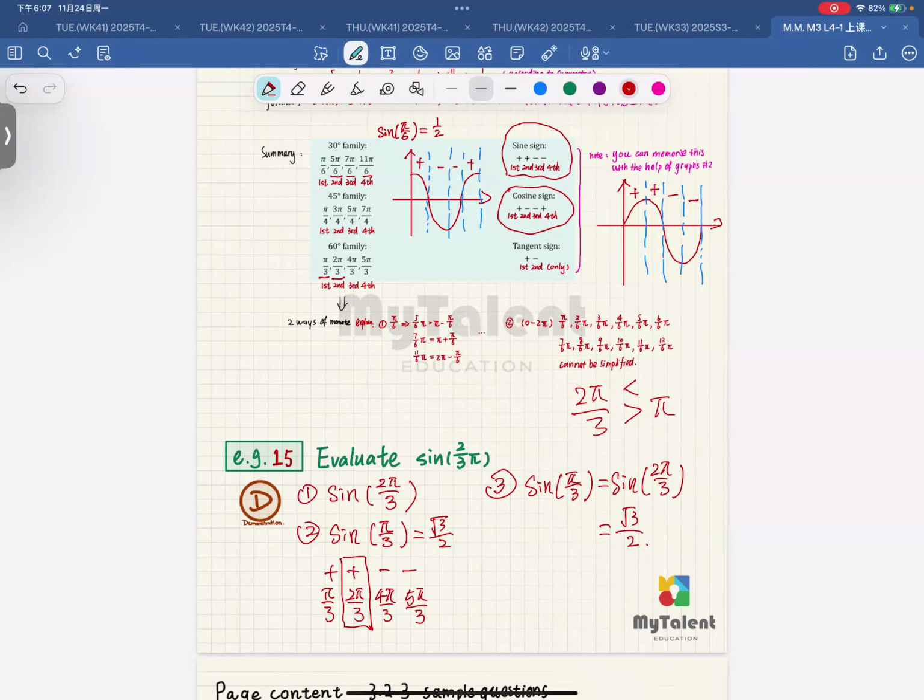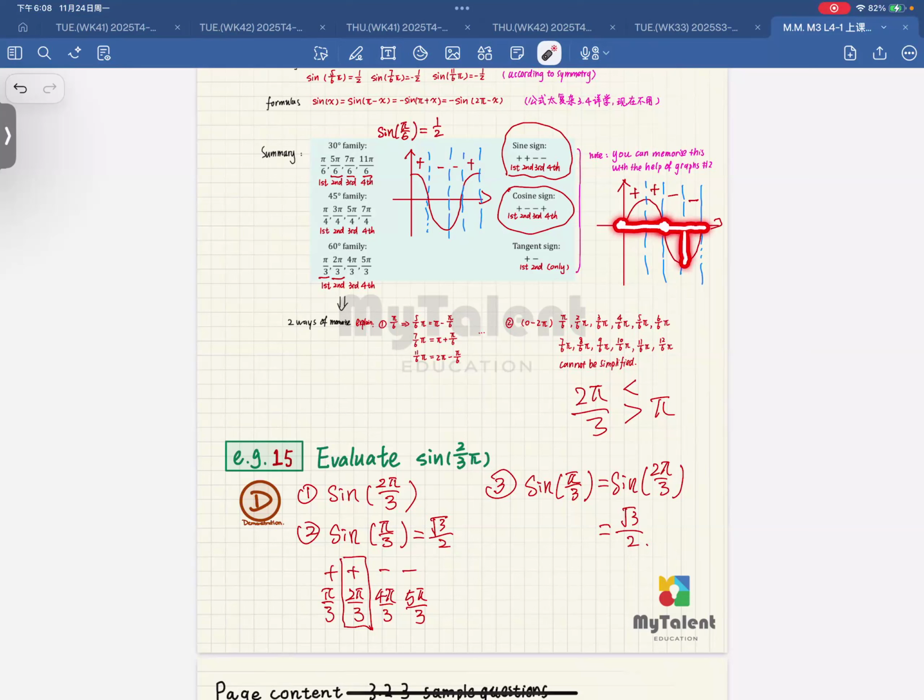Yeah. So this is the sine graph, and here is pi. Anything between 0 and pi is positive. Any number between pi and 2 pi is negative. Does it make sense, Ethan?